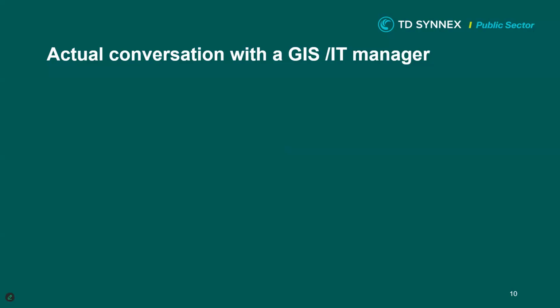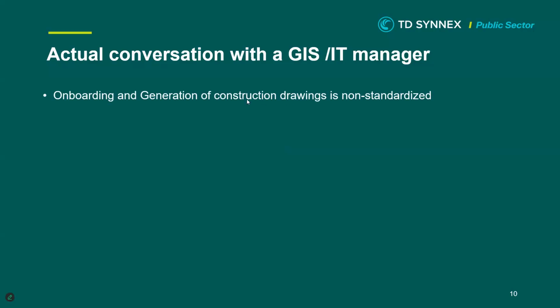So quick example here. This is an actual conversation with a GIS manager. I can't give out the name of the account, but he had assured us that these issues are the same, whether it's a larger city, a mid-sized city, or a small city or county. They all face the same problems. Some of these problems are generation of construction documents not standardized.